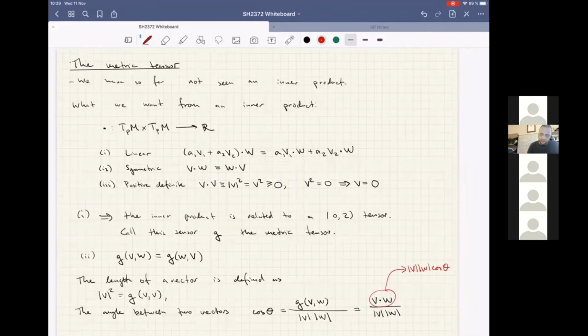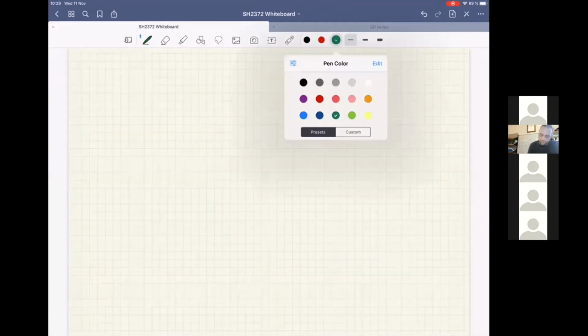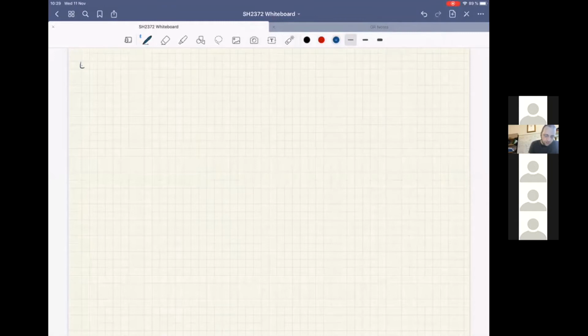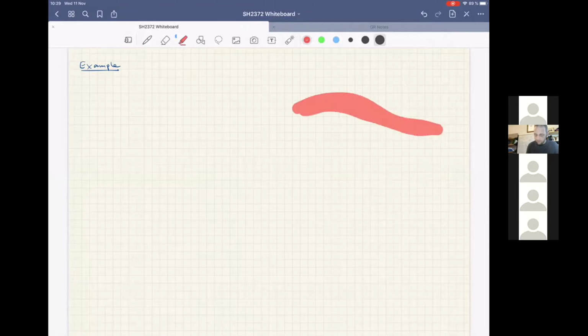So just to take an example, we can use this to consider the length between two very nearby points. So let's take some manifold, and let's take two points here.